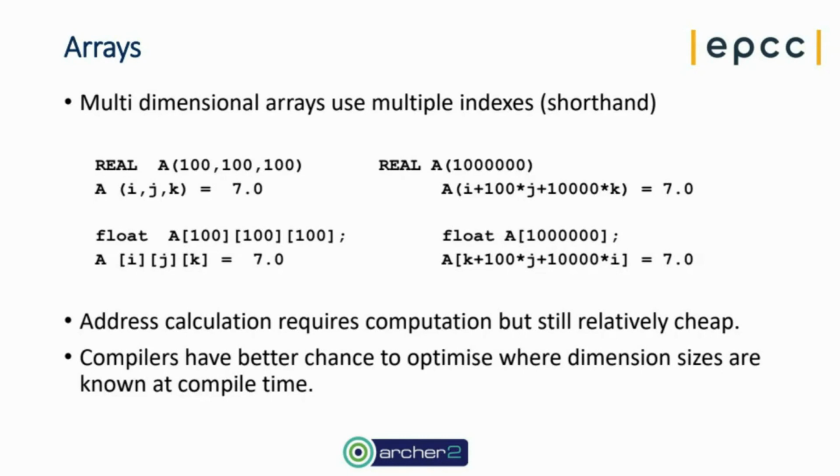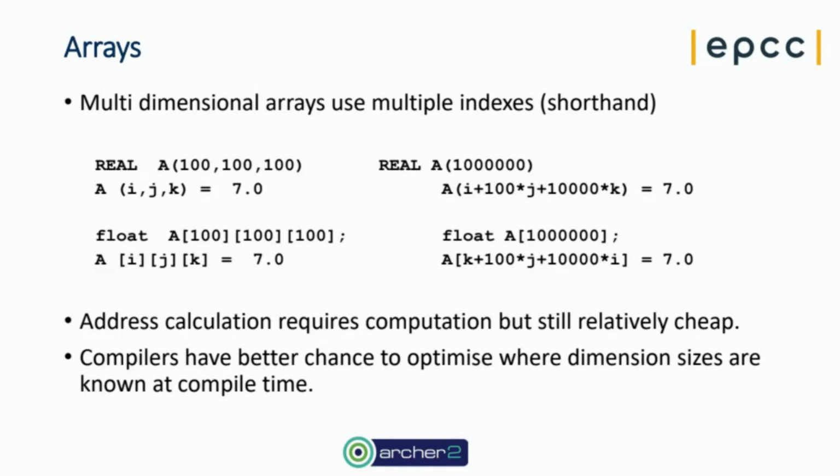So we have this choice. Multi-dimensional arrays with multiple indices are basically a shorthand convenience for having a single dimensional array and doing the address computation by hand.